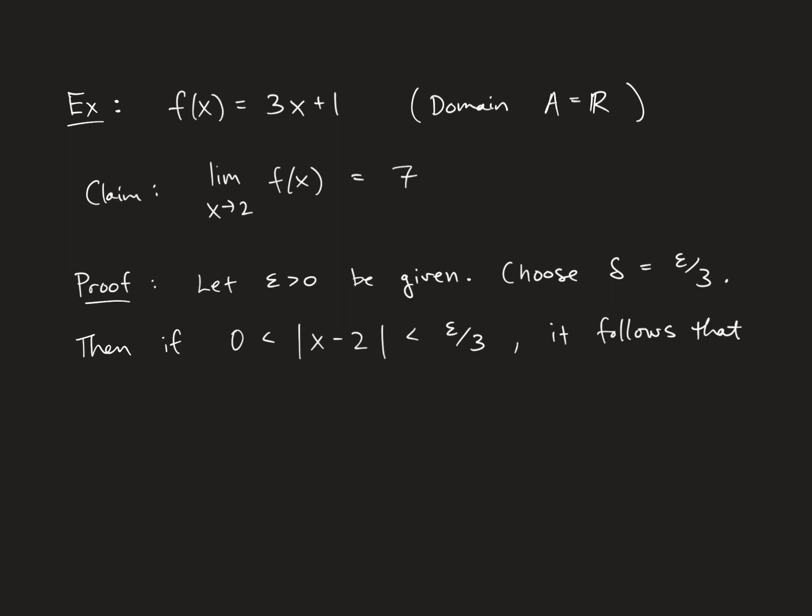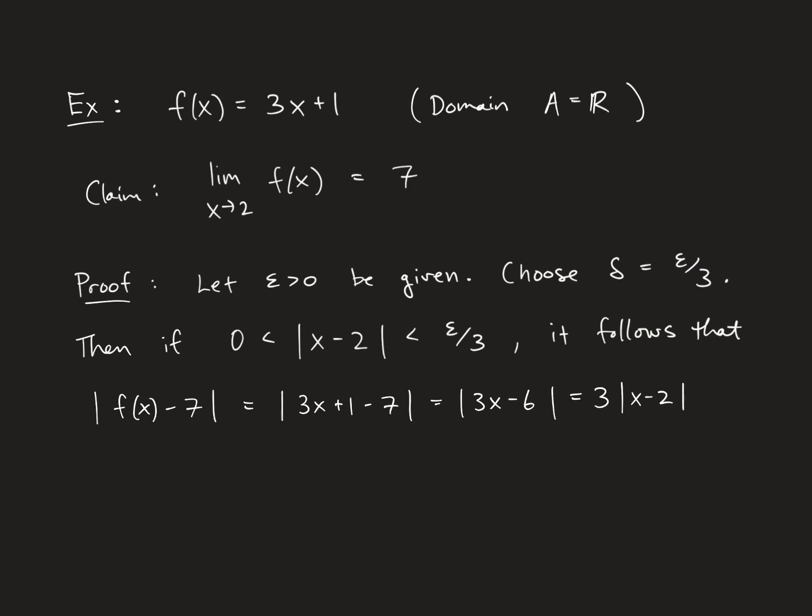So it follows that the distance between f of x and 7, we're really just repeating our scratch calculation now with our chosen delta in hand, is equal to the absolute value of 3x plus 1 minus 7, which is the absolute value of 3x minus 6, which is 3 times the absolute value of x minus 2.